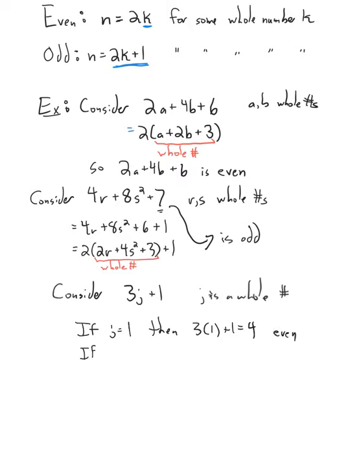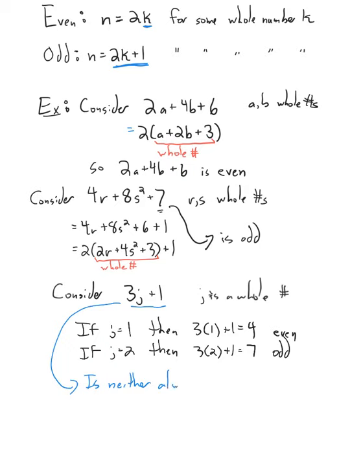But if j was 2, then 3 times 2 plus 1, 6 plus 1, is 7, which is odd. So this expression, 3j plus 1, is neither always even nor always odd.